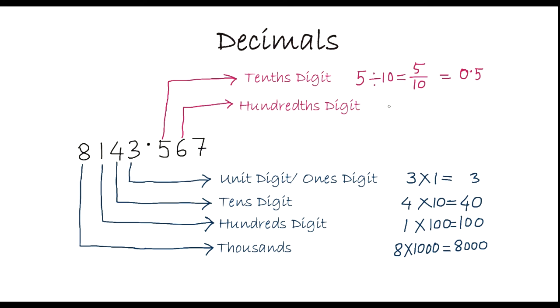So you can write 6 divided by 100, or 6 on 100, and the value will become 0.06.